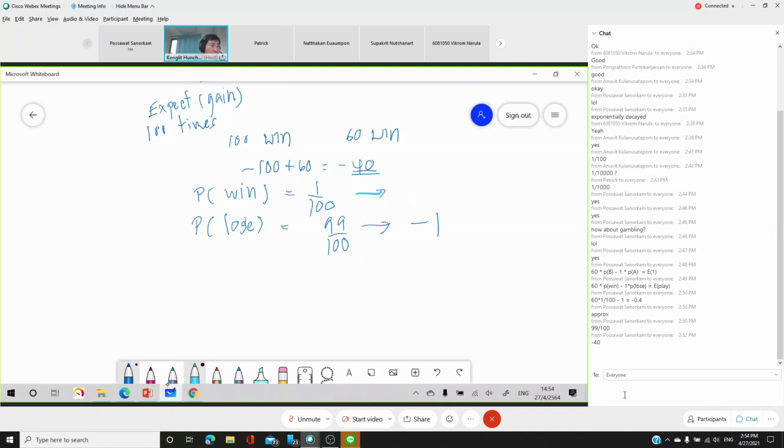We're going to gain 59 baht. You know why? Because we put down 1 baht, and if we win, they give us back 60. So the gain is 59 baht, 60 minus 1.